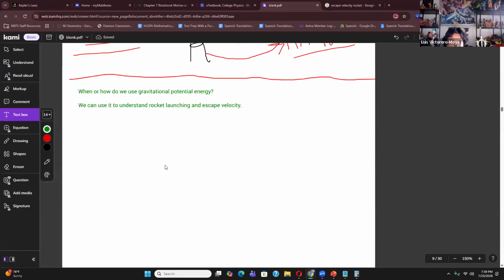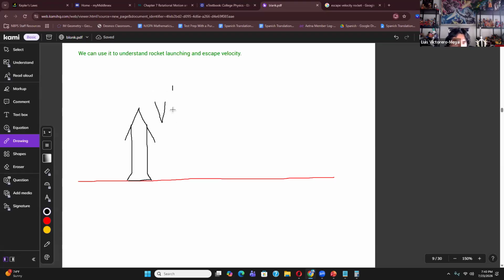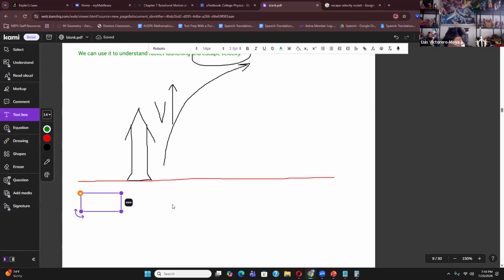Anyway, we have the ground and you have a rocket. How do we know how fast this has to be to escape Earth? Well, we use the conservation of energy.